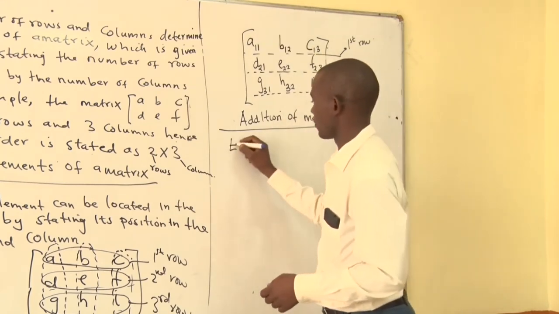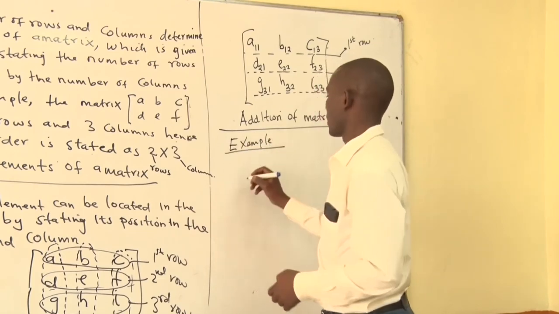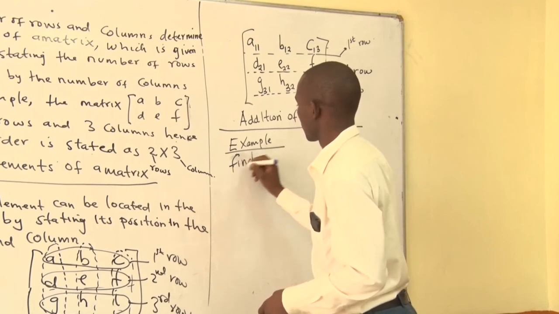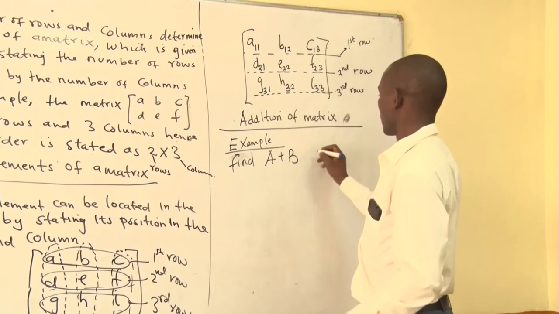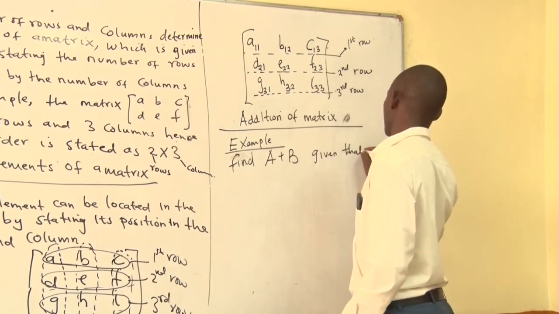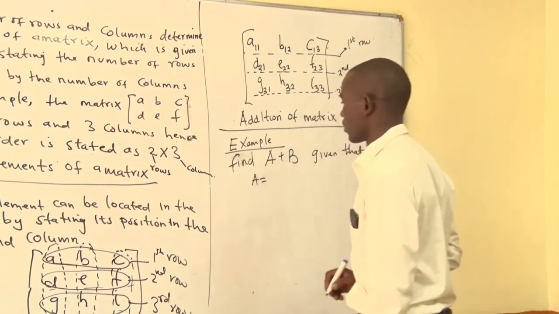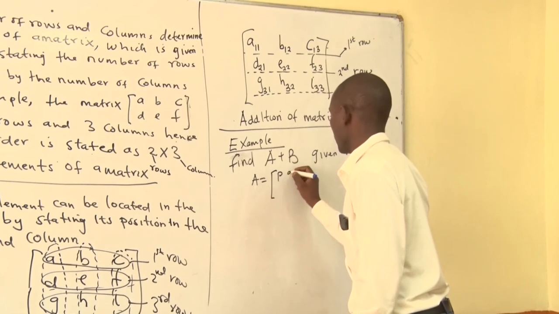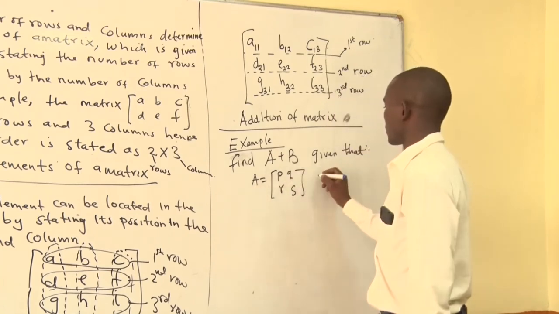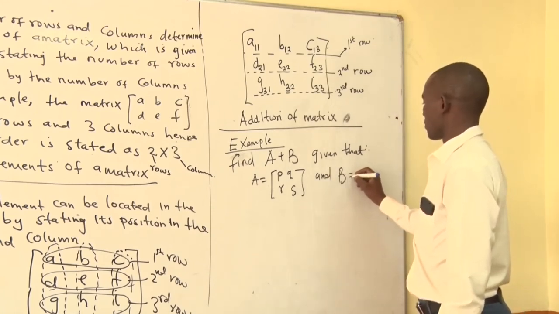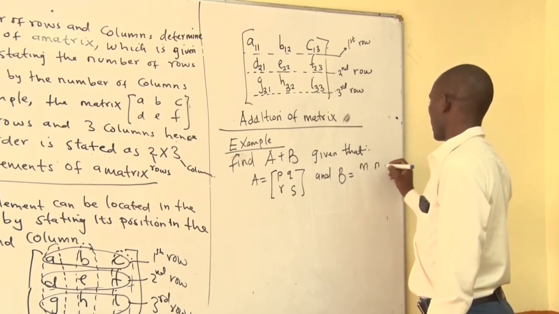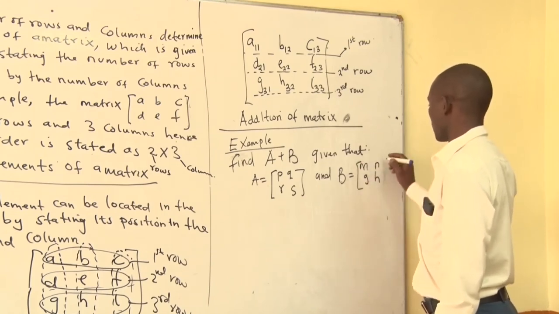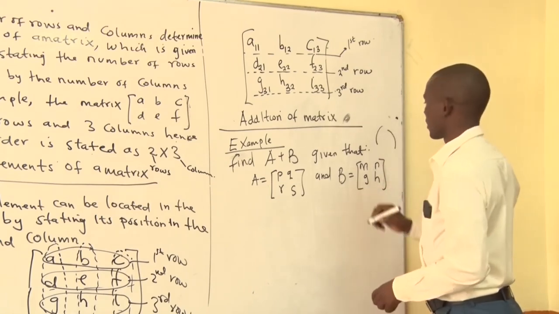For instance, you are given an example. Find A plus B given that A is equal to, maybe we can just write this matrix P, Q, R, S, and you are given your B to be equal to M, N, and we can have G, H. If you are given such kind of matrix, remember some other books write these as a curved bracket.